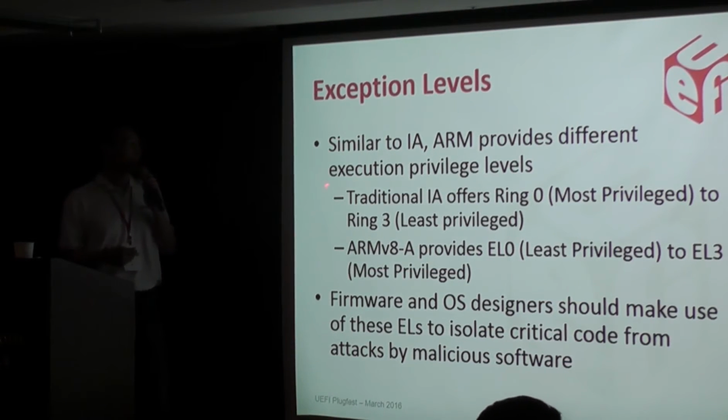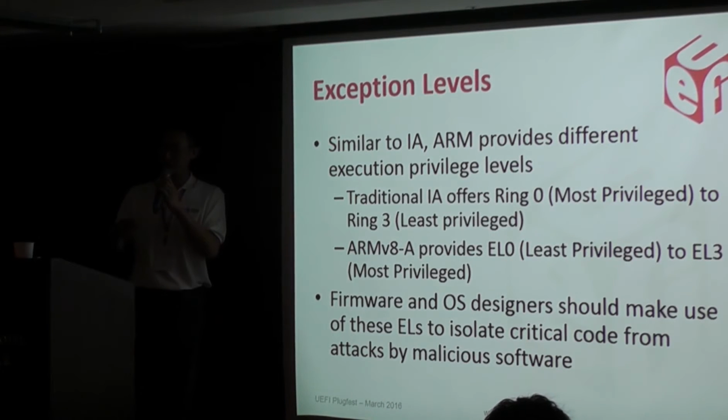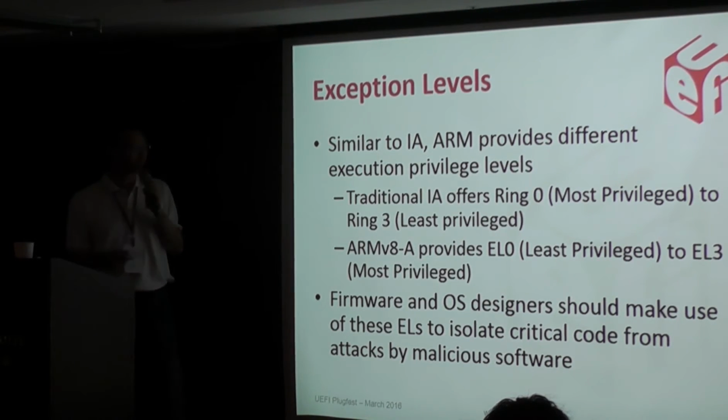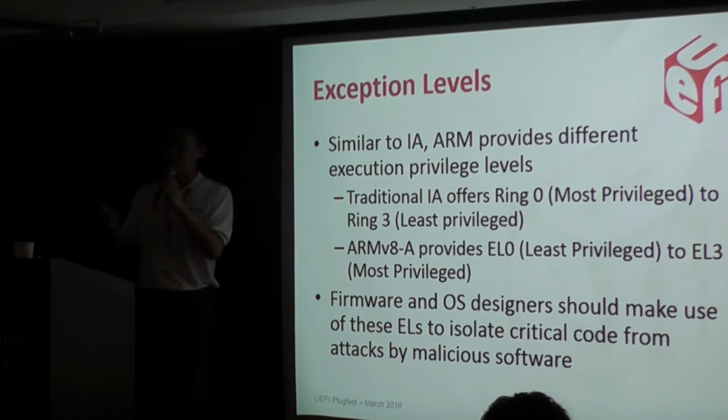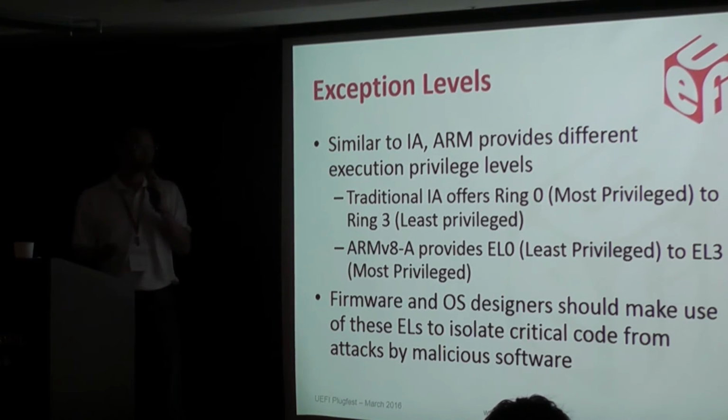Here, let's recap the exception levels. The concept of exception level: there are exception levels 0 to 3, also the security level. Exception levels 0 to 3 are something similar to what we have in the x86 architecture, like Ring 0 to Ring 3. There are different privileges, so you can determine that if something is security critical, you put it in the most privileged space.